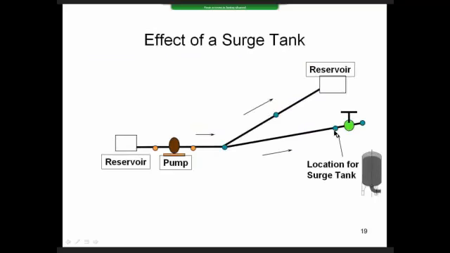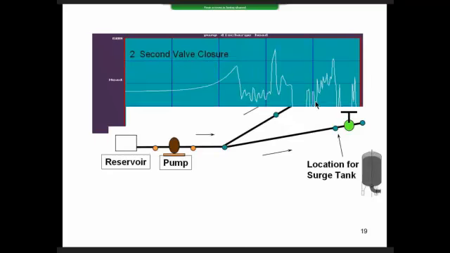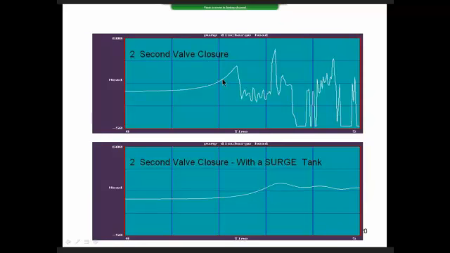If you put a surge tank in here, again, when the valve shuts, the water can flow into the surge tank and compress the air, and this is one way that we could mitigate this serious pressure transient that we saw. And the next slide just shows the effects.